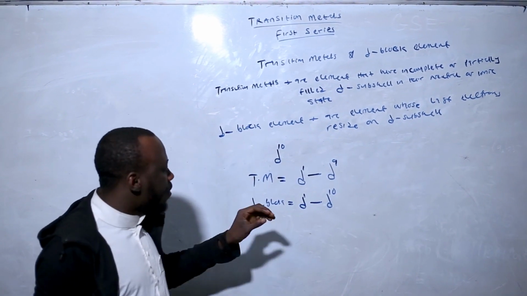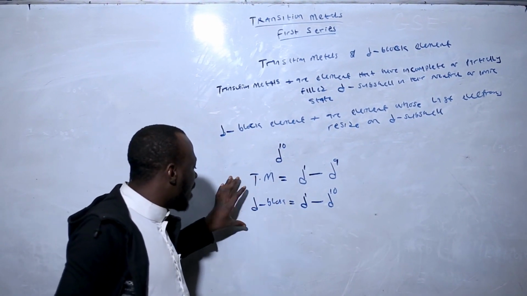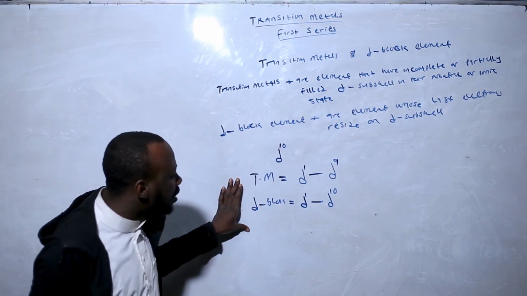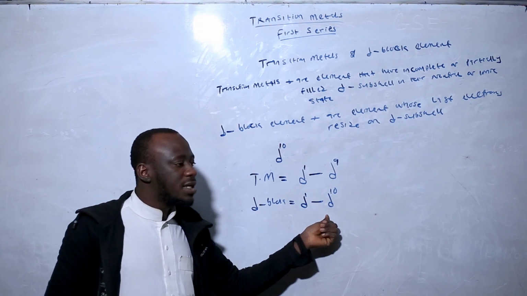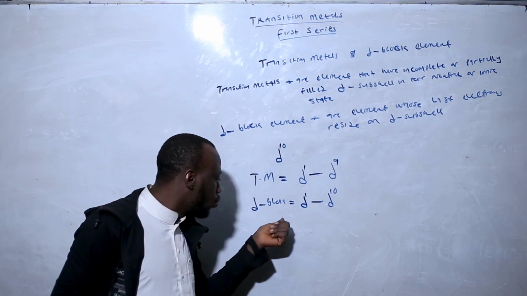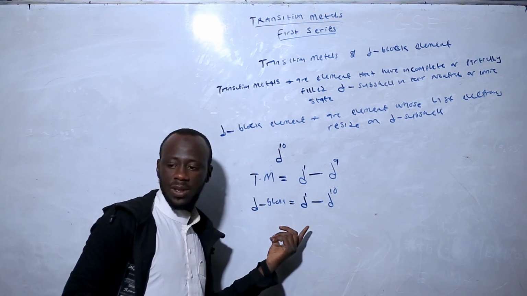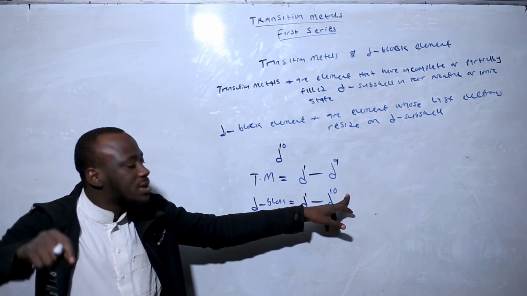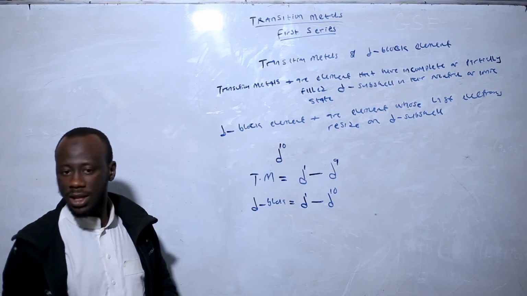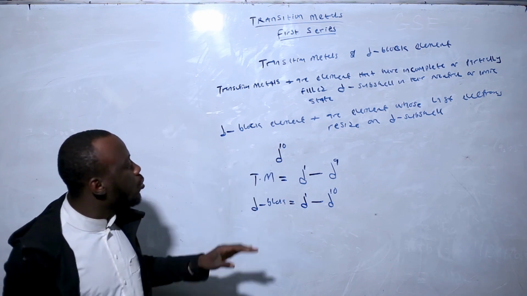Meaning, even if an atom has the maximum number of electrons that d orbital can occupy, it still belongs to the d block. It's a d block element. But when it has d10, this shows that this element is not a transition metal.